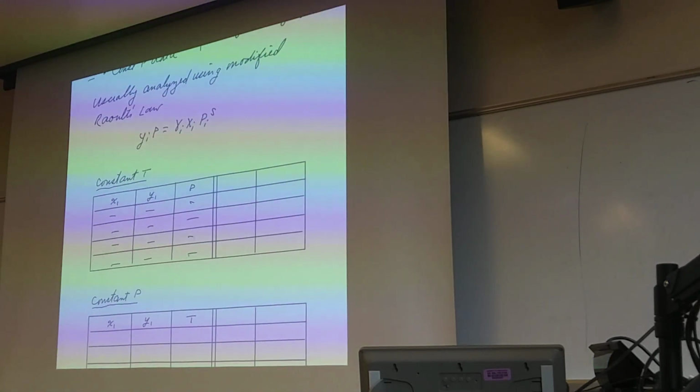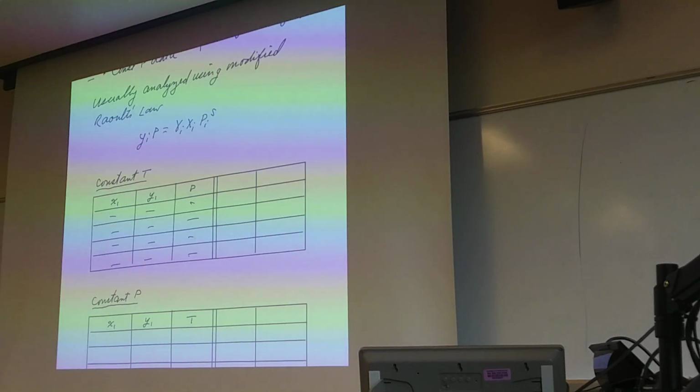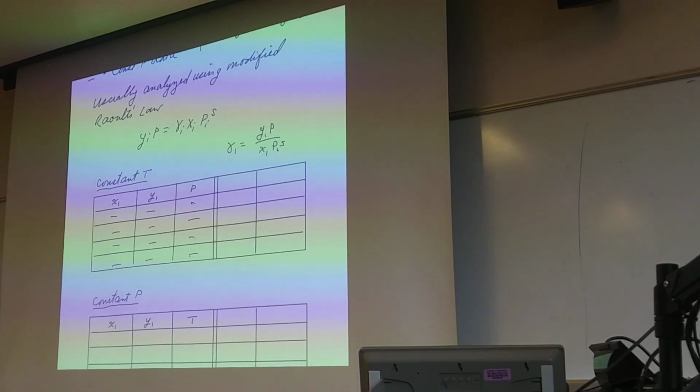Now we use the modified Raoult's law to calculate the gammas, so we can see here, for example, I can write gamma 1, just looking at it over here, is going to be y1 P over x1 P1^s.